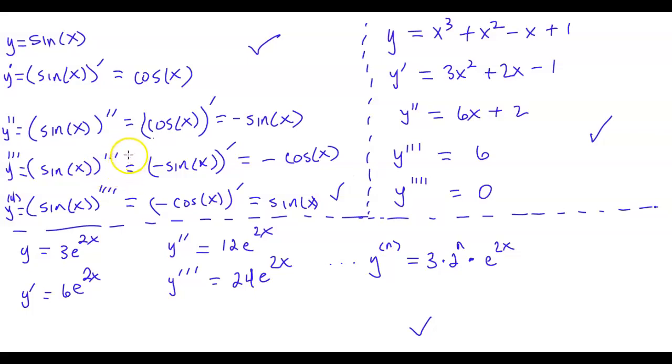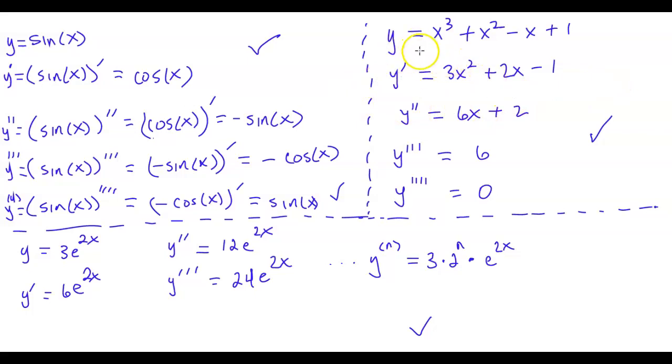So what that tells me is that my basis of functions is just going to be sine and cosine, meaning that any derivative that I have of sine can be expressed in terms of a function of sine or cosine. Okay, same thing with cosine. If I take the nth derivative, that could be expressed either as a function of sine or cosine.